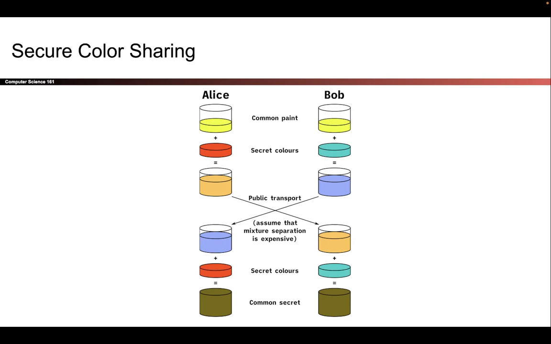That's what we're assuming. And likewise, if Eve sees the orange, she doesn't know how to undo adding the yellow to get the original red back. So she has no way of recovering those original halves of the secret. So that's what the color-based analogy looks like.